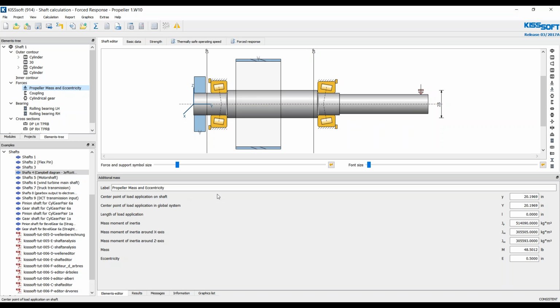For this mass in particular, we can add specific data: the moments of inertia around the X and Z axes, and around the Y axis, which would be the polar moment, J. We also add the mass of this overhung load, and then here's the big thing: we can add this eccentricity right here, and make it whatever it is. You can actually look at it in terms of an unbalanced spec, depending on how fast this shaft is spinning.